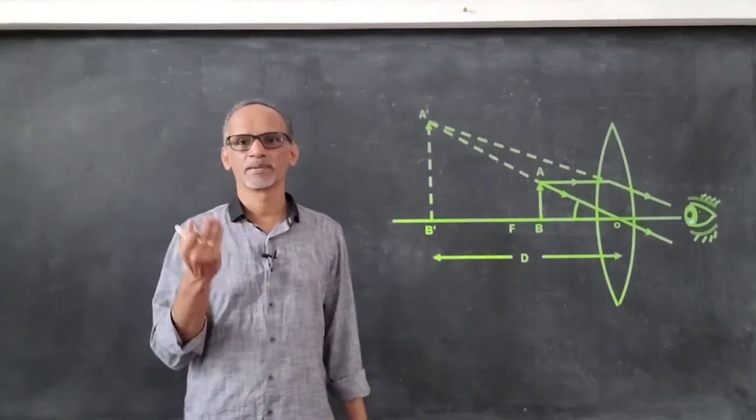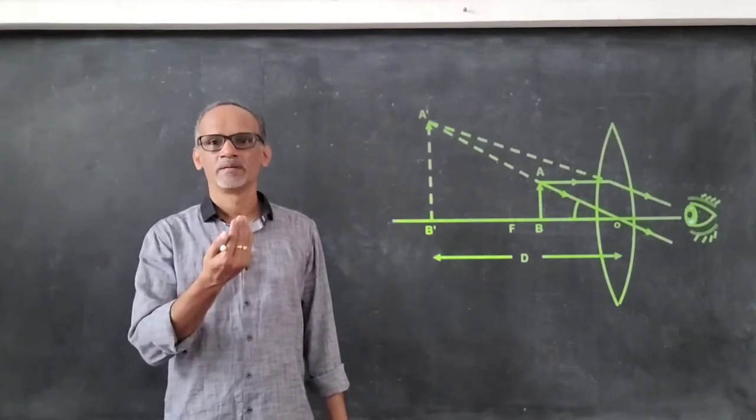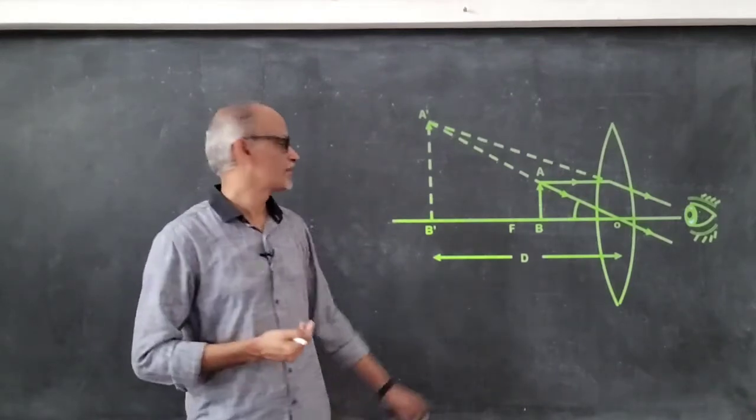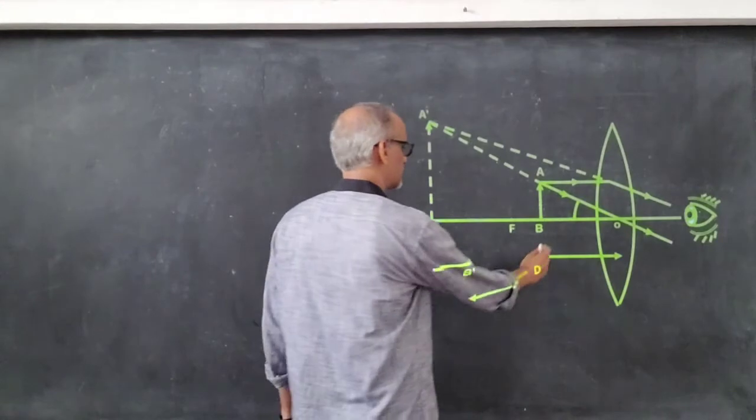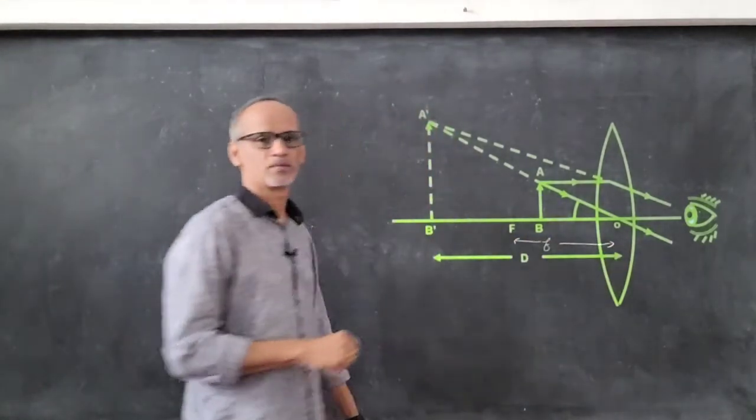Therefore, that object must always be placed within the principal focus, that is, at a distance lesser than the focal length, because from here till here it is the focal length.